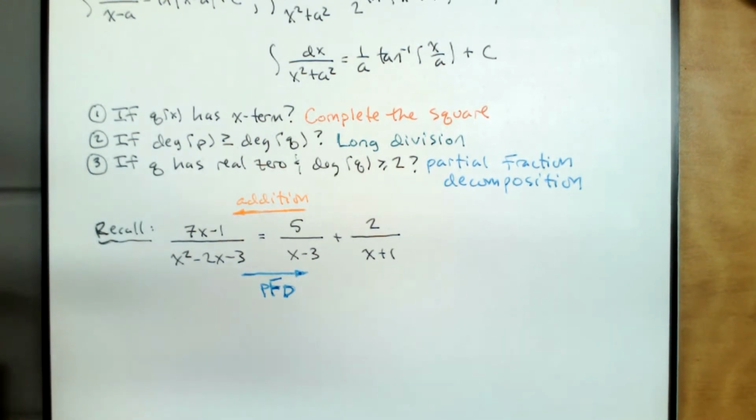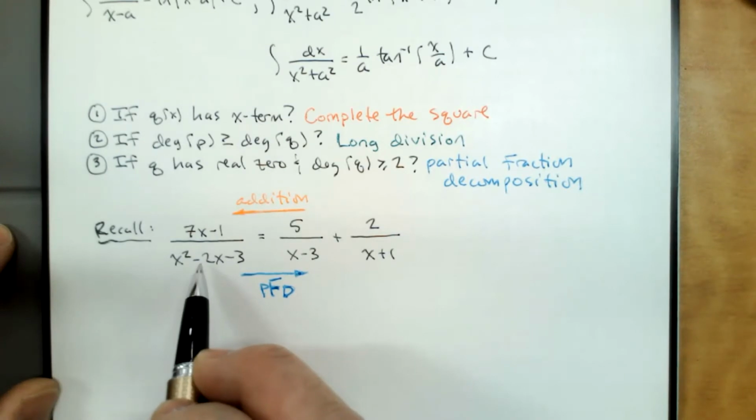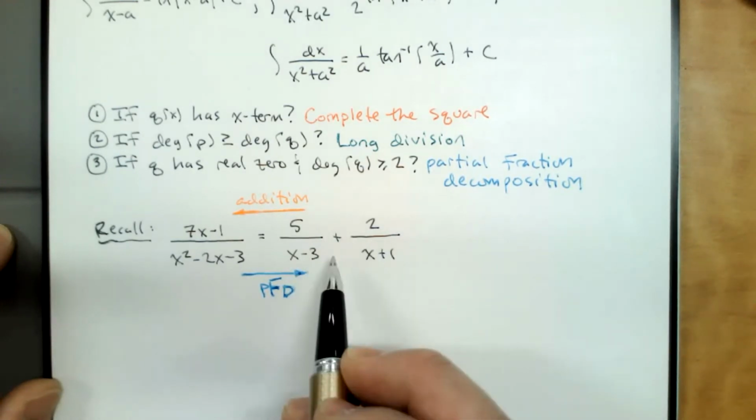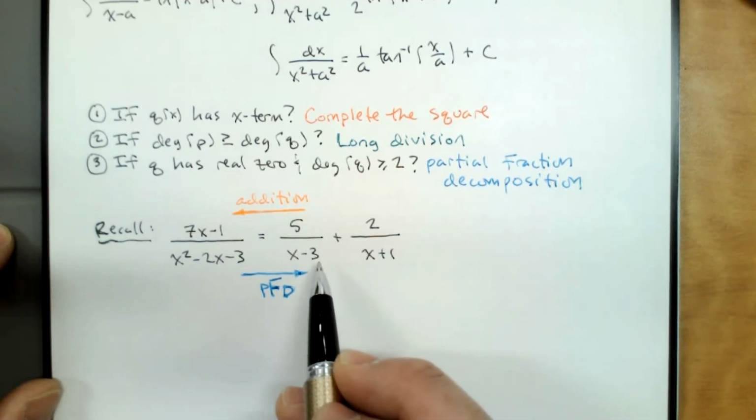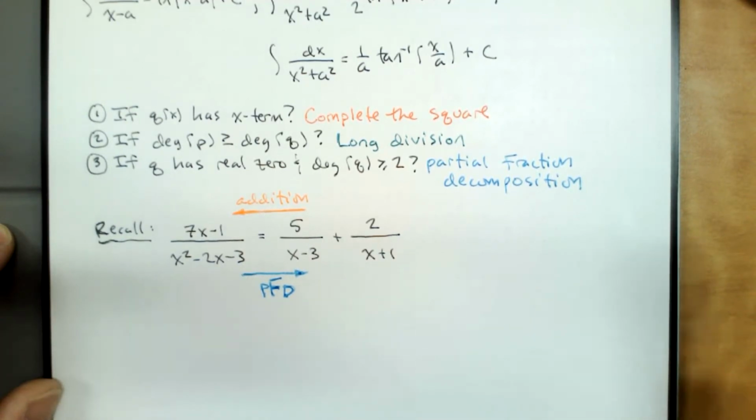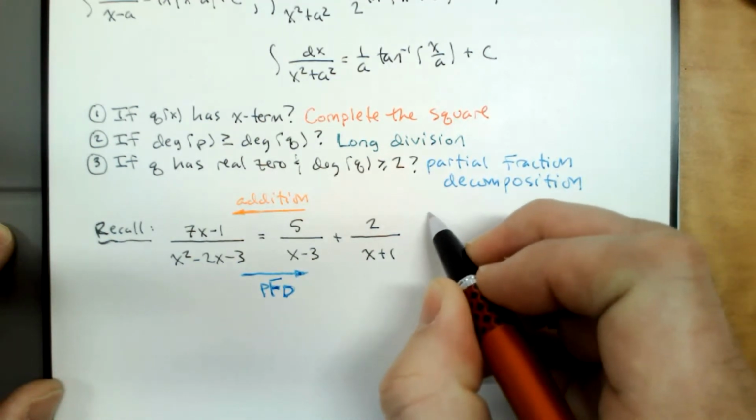What I want is to take my rational function and make it terms. And the denominators of the terms are factors of the denominator of our rational function.